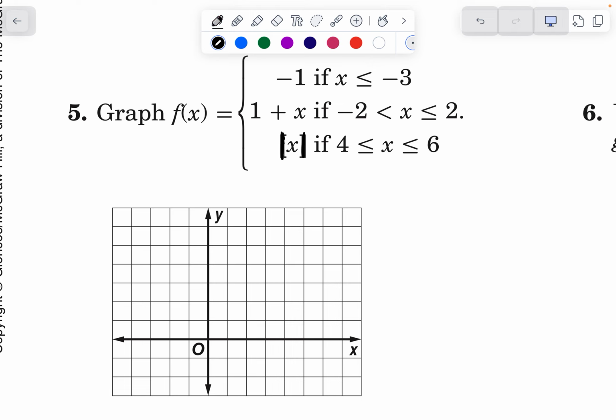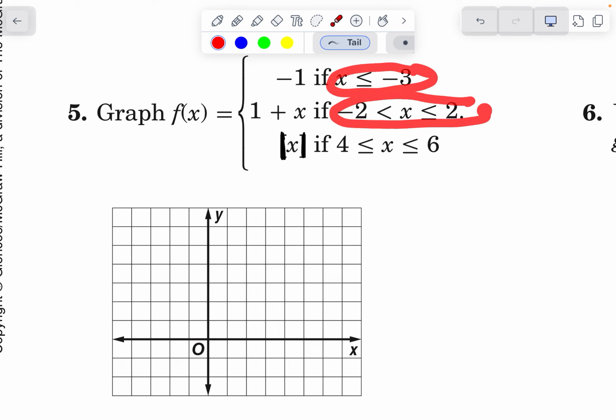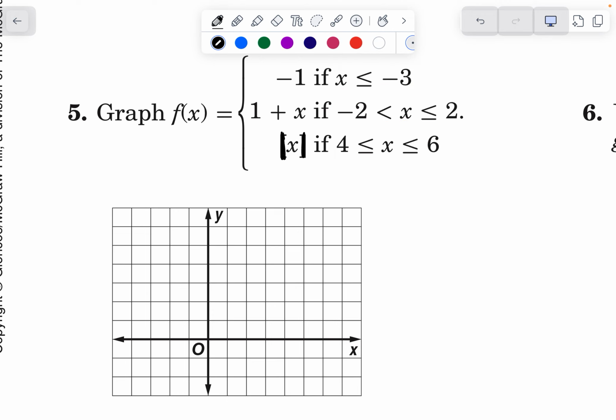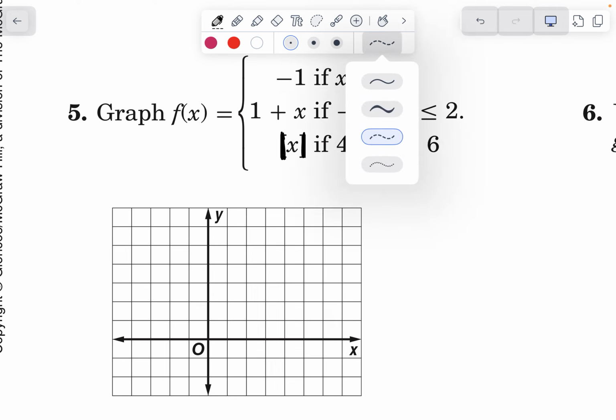Okay. So the first thing you want to do anytime you see a piecewise function, we have a border at -3, -2, 2, and 4 and 6. So there's lots of little dashed lines on here. So let's go ahead and make our dashed lines.